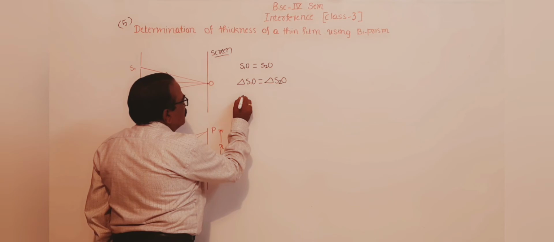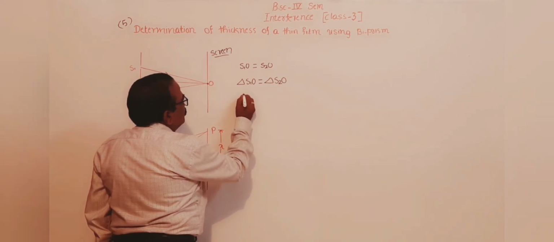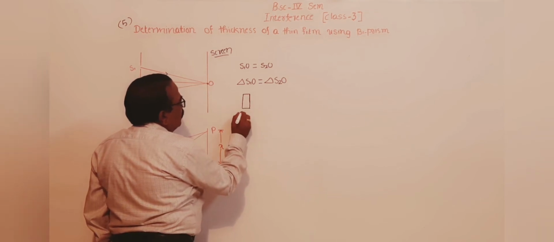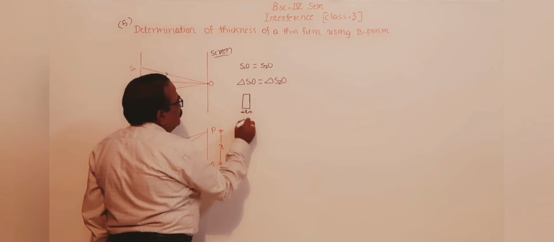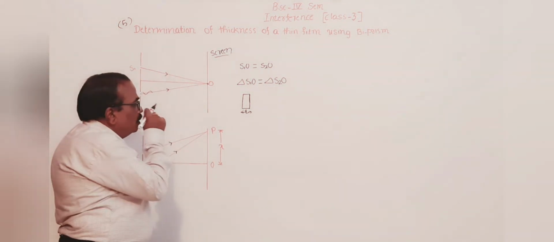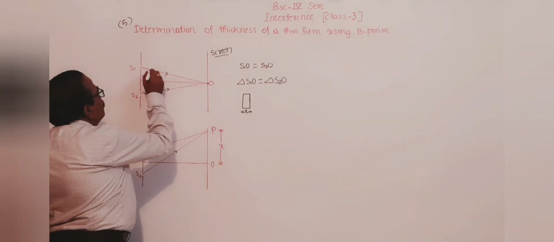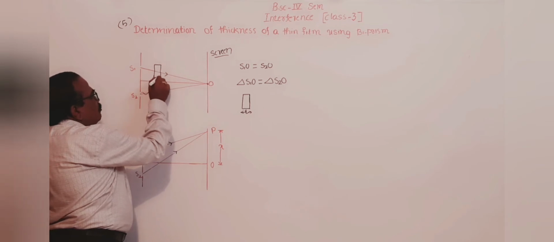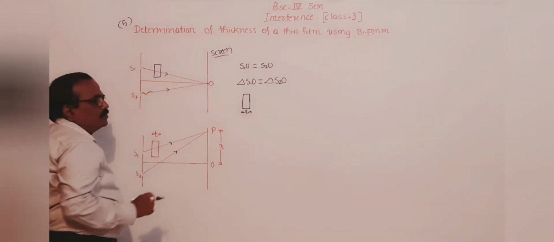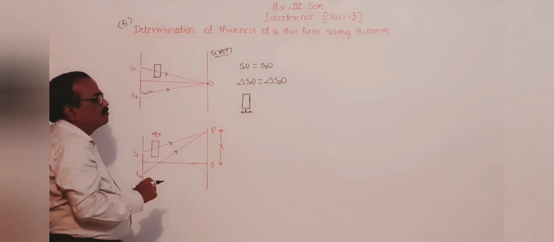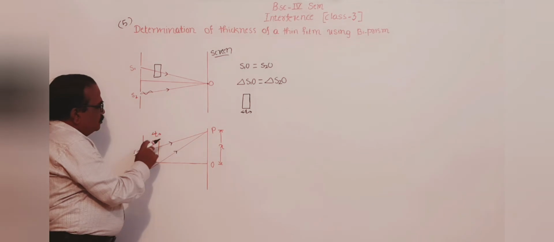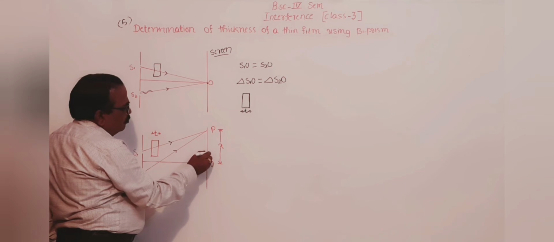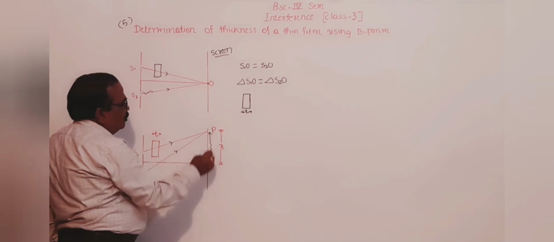And consider one thin plate of glass, or mica, say of thickness T. If this thin plate is introduced in one of the paths of the interfering beams, then suddenly this O shifts to the point P.